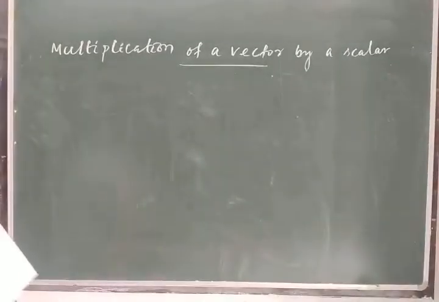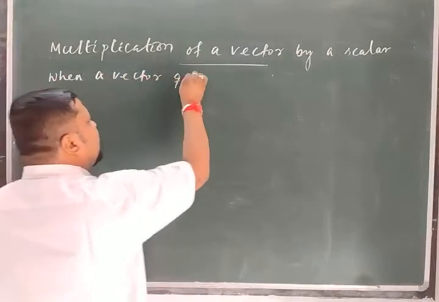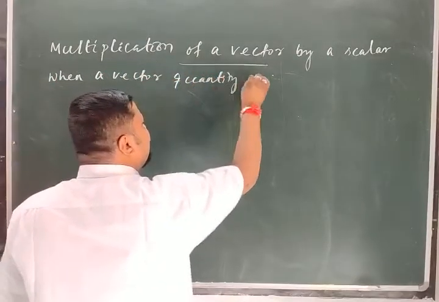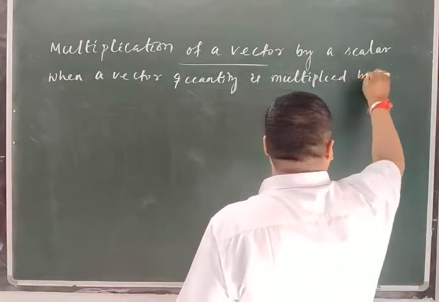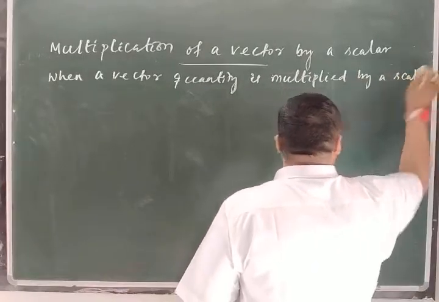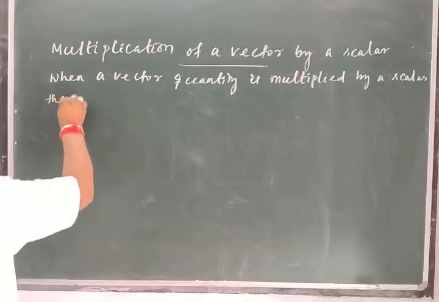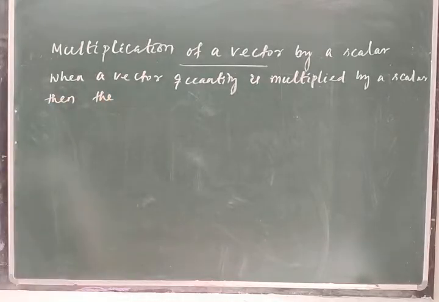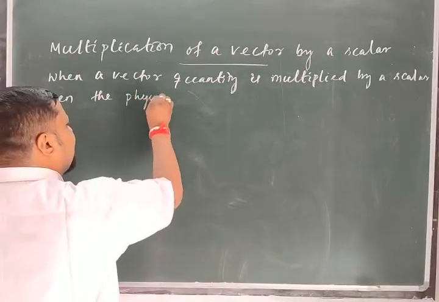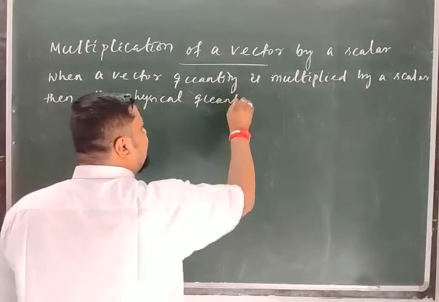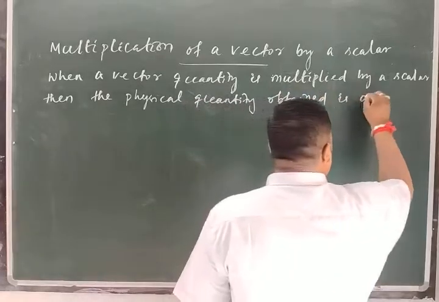So I can write this: when a vector quantity is multiplied by a scalar, then the physical quantity obtained is a vector.